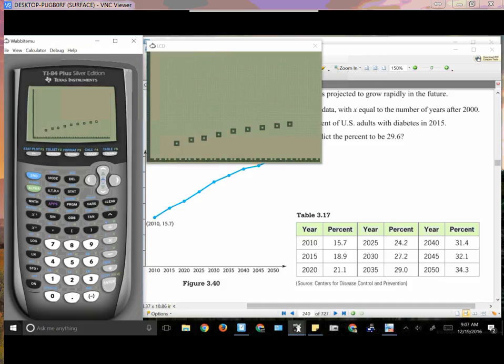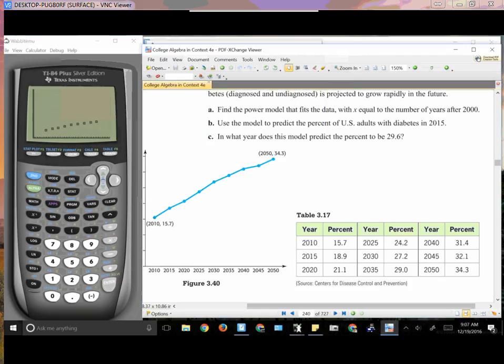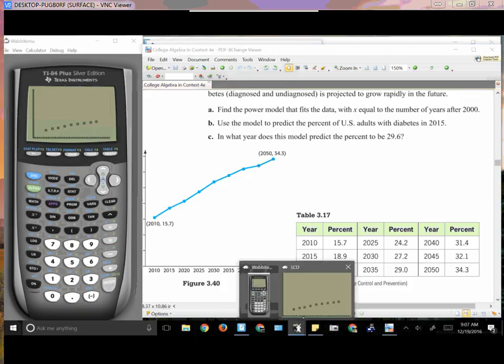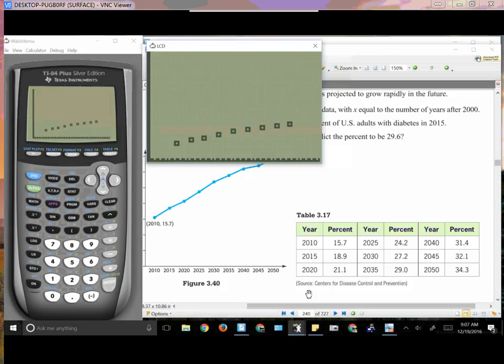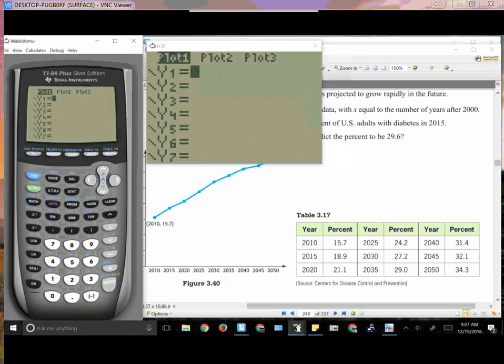Okay, see the data there? And there we go. Although having 100% of the population being diabetic, that wouldn't be a good thing, would it? Must be impossible. So, question here is, in what year does the model predict the percent to be 29.6? So go back in here. We need an equation for that first, don't we?